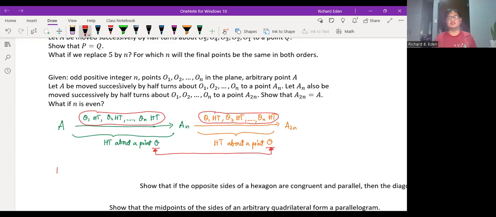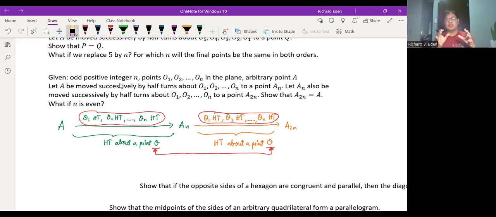Kumbaga, if you start on point B instead of point A, then B sub n will be different from A sub n. But then the thing is, when you add those n half turns, we're gonna get a half turn, and then the center of the resulting half turn is a point O. So this resulting half turn doesn't depend on the starting point A or B.